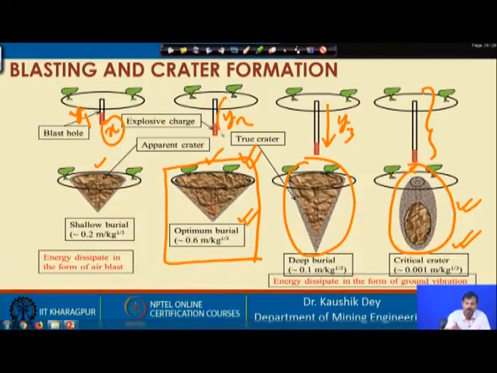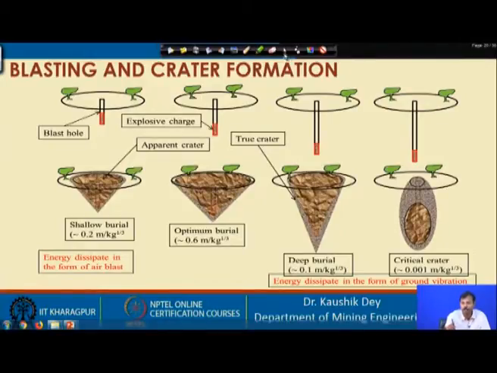So, this is the optimum depth of burial, in which we are getting the optimum crater. This is again reducing, and further this is the critical depth of burial, where there is 0 impression. So, this is very important, because we understand the explosive energy utilization on the rock.